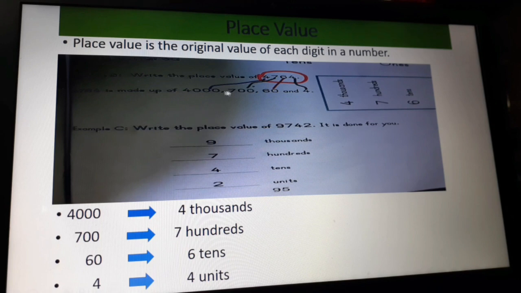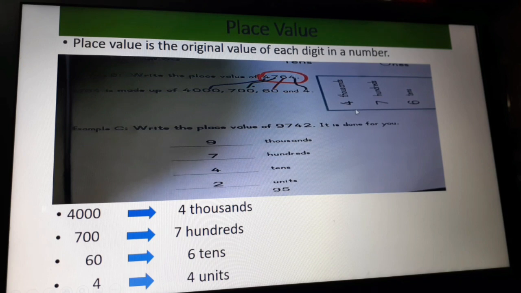So 4000 is the place value of that 4. Instead of writing 4000 in number, we can also write it in words, 4 thousands. It is also written in your book on the right side of the question.